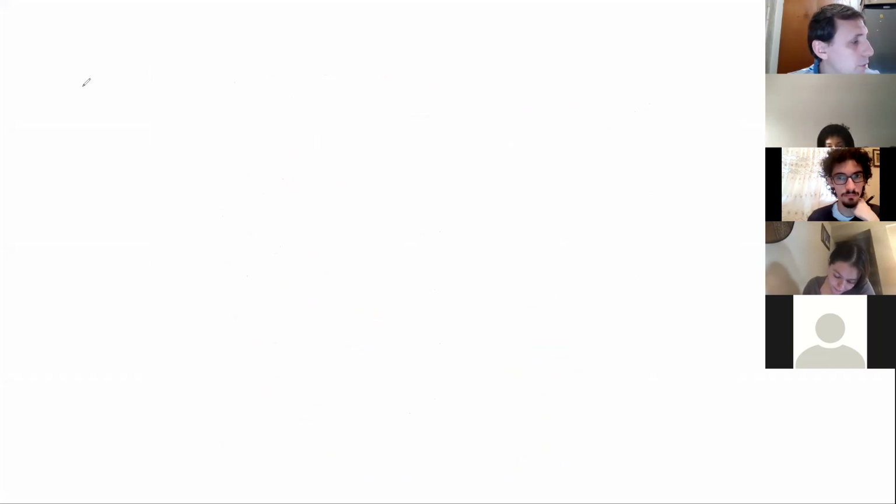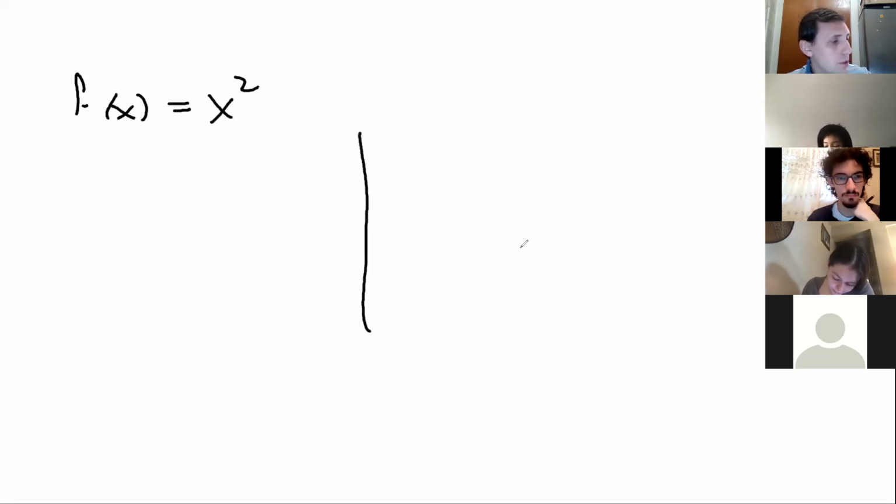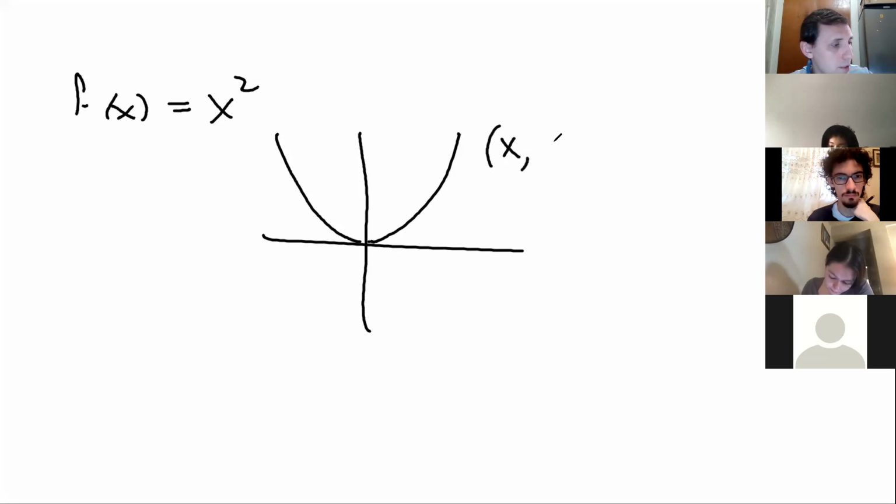For example, we have the function f of x equal to x squared. A lot of you, I'm sure, picture this shape. Now, what is this shape? This shape is not the function. This shape is the graph of the expression x squared. This is the set of all points where the first coordinate is a number, the second coordinate is the square of that number.